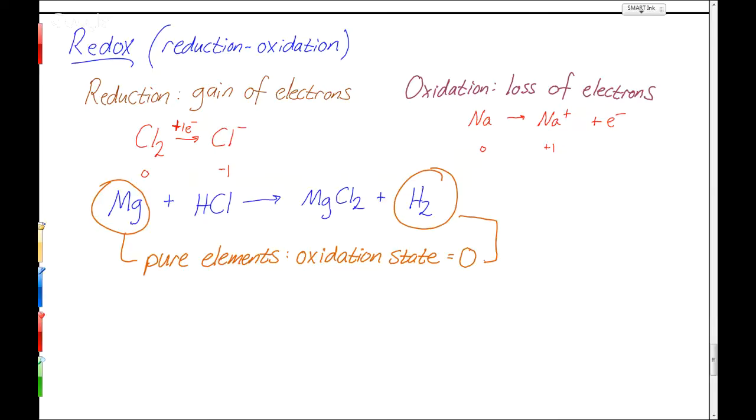Pure elements always have an oxidation state of 0. So if you have a reaction that has a pure element on one side, and then an element in a compound on the other side, you know that that can be classified as a redox reaction. You know that this has taken place because some electrons have gone from one thing to another thing.